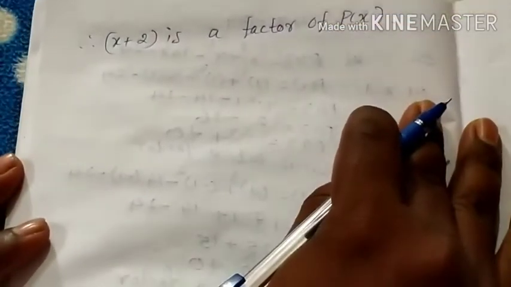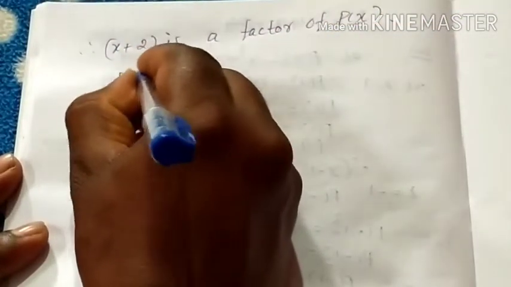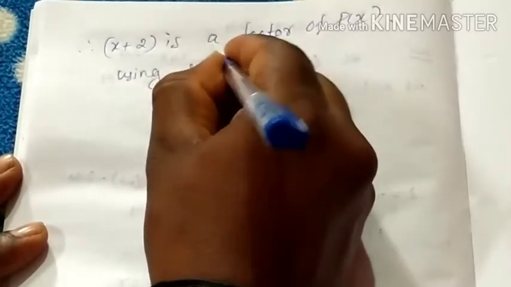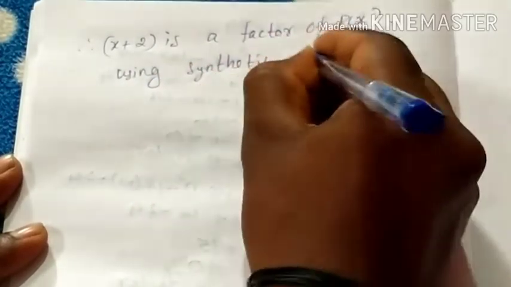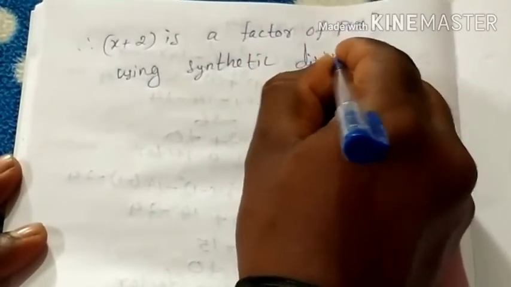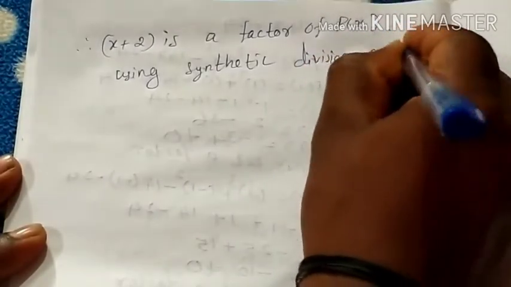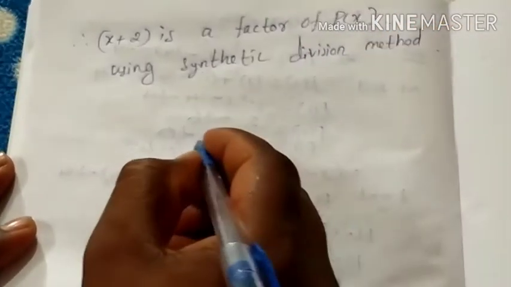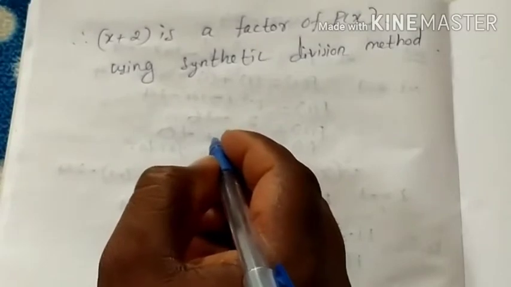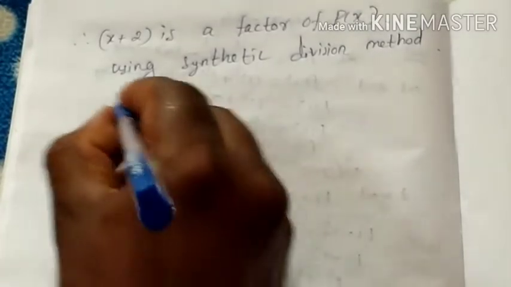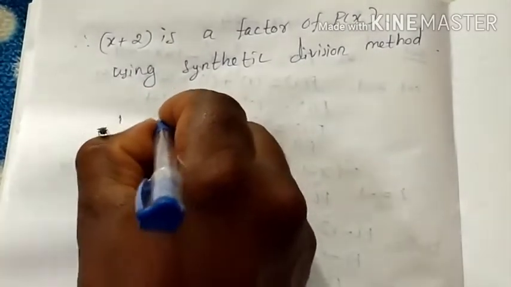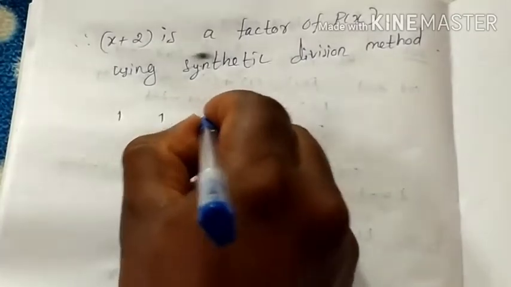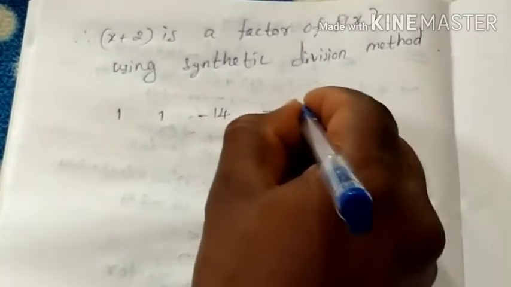Okay, next using the synthetic division method. Write the coefficients of the polynomial. The coefficients of the polynomial are 1, 1, minus 14, minus 24.